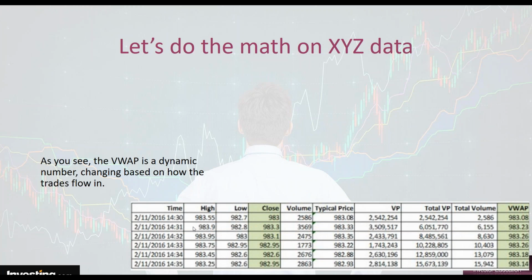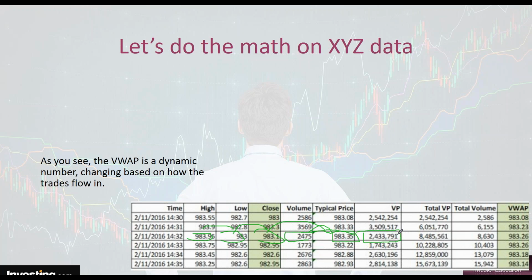One more time, because people are asking questions here. 983.95, 983, 981. Add them together, divide them by 3, gives you 983.35. Our current volume is 2475. We multiply 2475 times 983.35 and we get 244791, which is this calculation times that calculation.